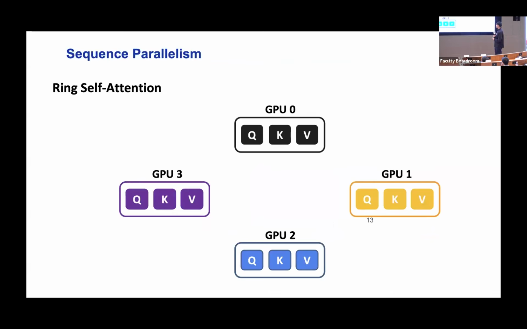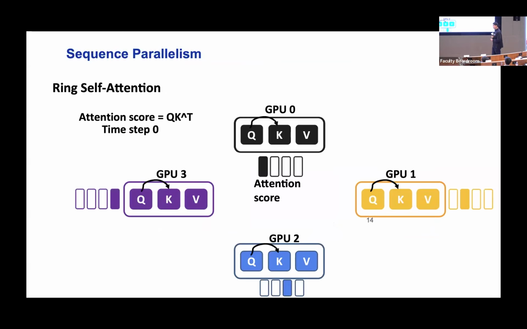Firstly, on each GPU or device, we do local computation to finish computing all the attention scores for the local tokens. For example, in total maybe we have 4 million, but each GPU only has 1 million tokens.